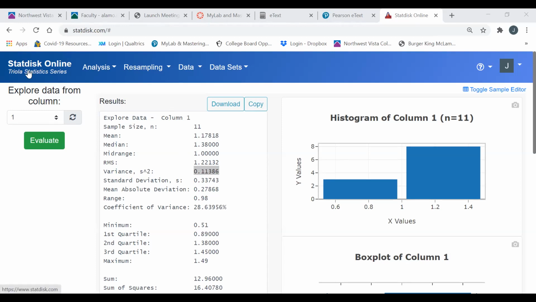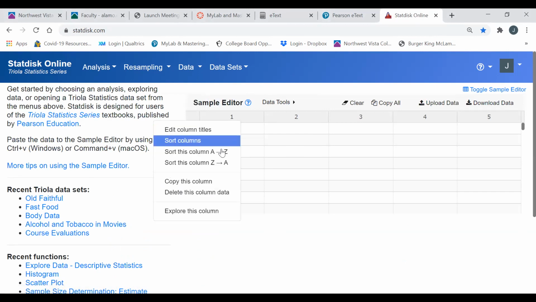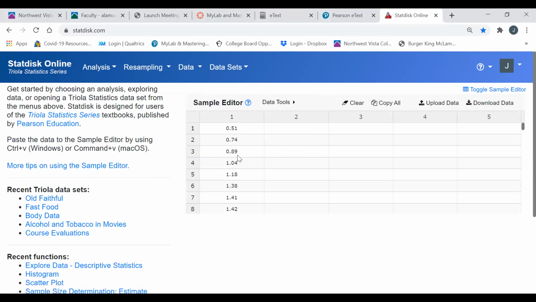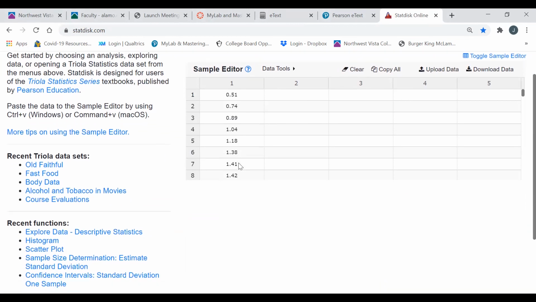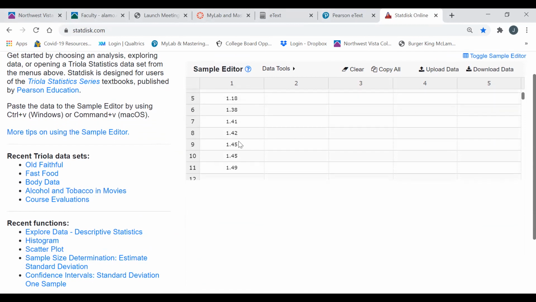I put them in order. Right click here. Sort. Let's see what number appears the most. So far they look... 1.45. See, 1.45 appeared twice. So my mode is 1.450. I've got to put a 0.